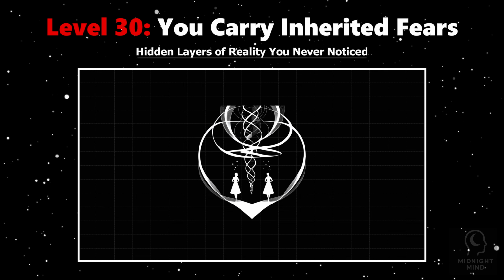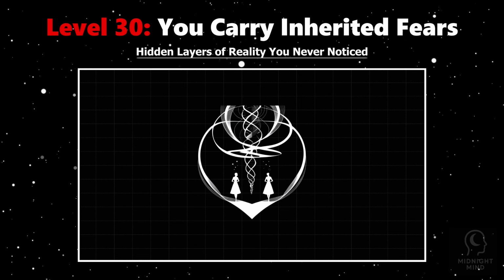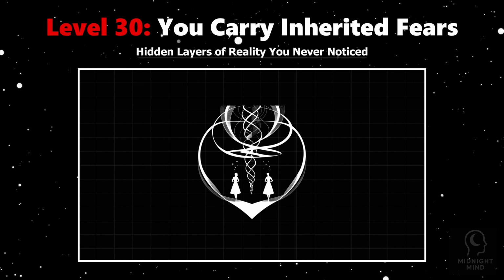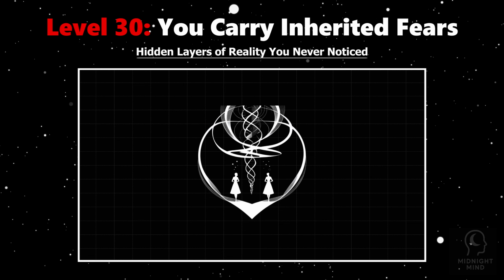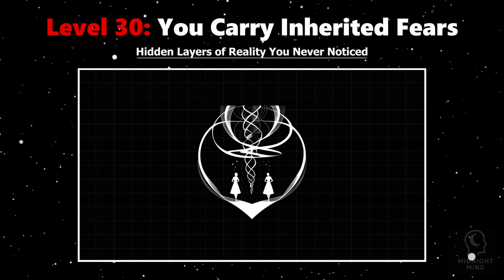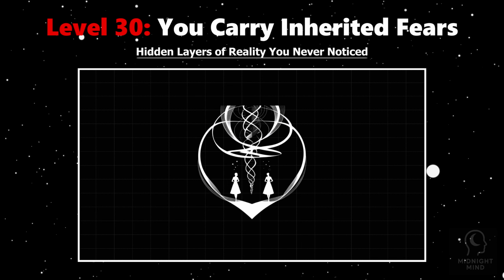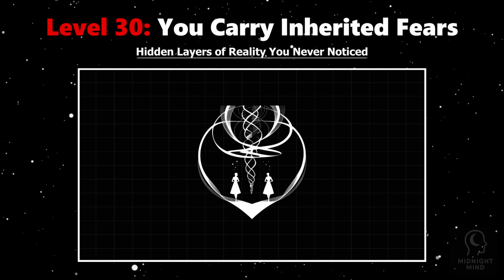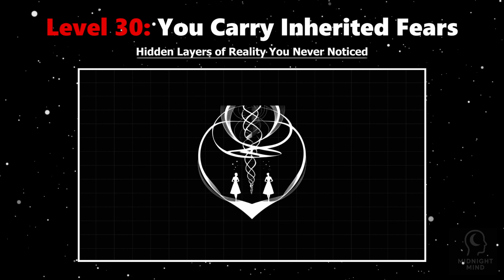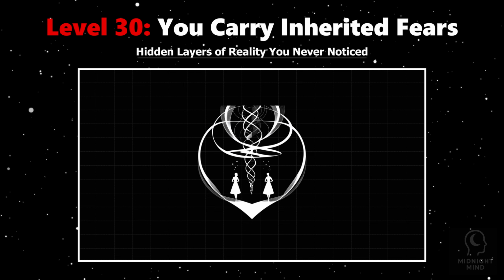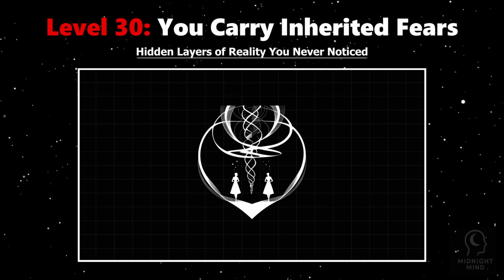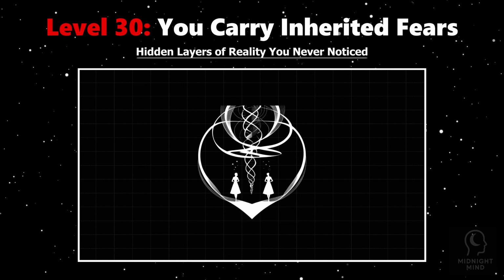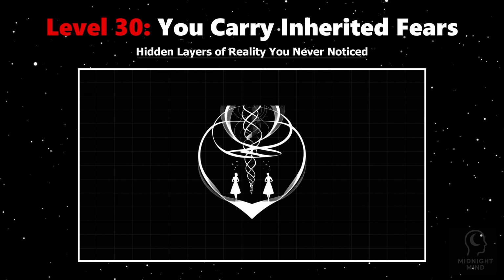This deep biological connection blurs the line between past and present, reminding us that survival is written in the cells, shaping your emotions and behaviors in ways you barely understand. You carry more than your own experiences. You bear the fears and resilience of countless ancestors pulsing silently inside you. This knowledge reshapes how we view fear, not as a flaw, but as an ancient survival code woven into the very fabric of your being.